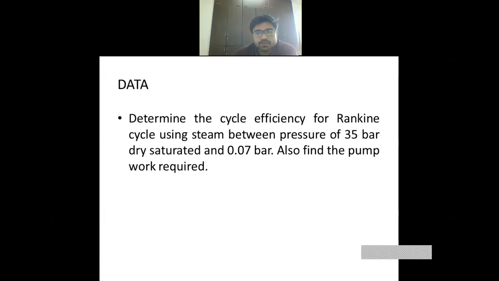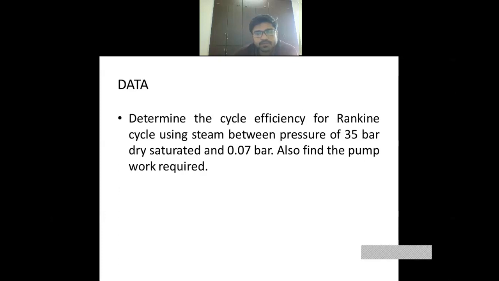So suppose we take this as an example. Here you can see: determine the cycle efficiency of Rankine cycle using steam between pressure 35 bar and 0.07 bar. So these are the two pressures given.